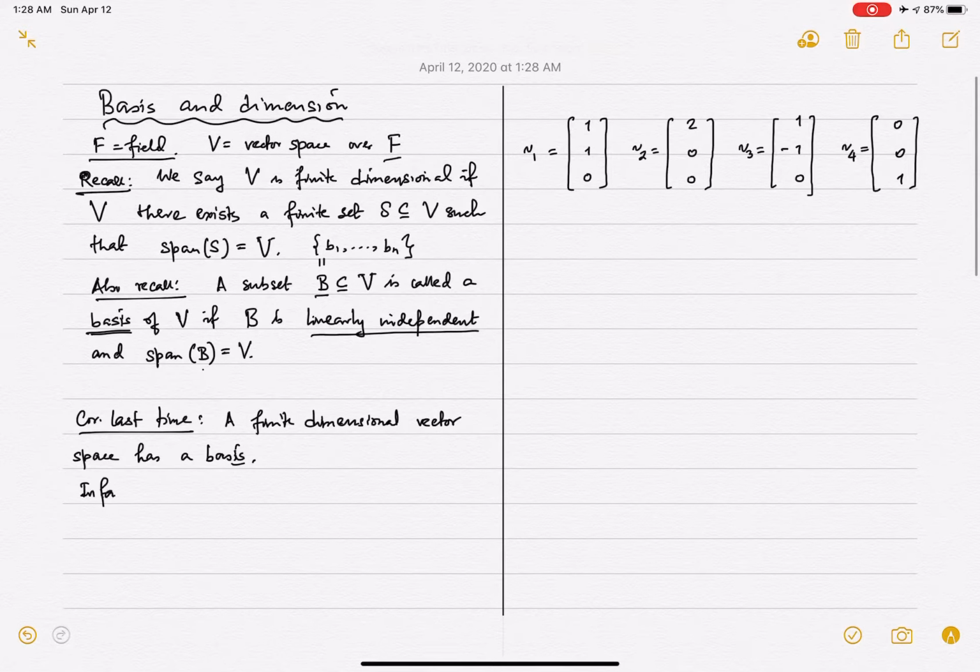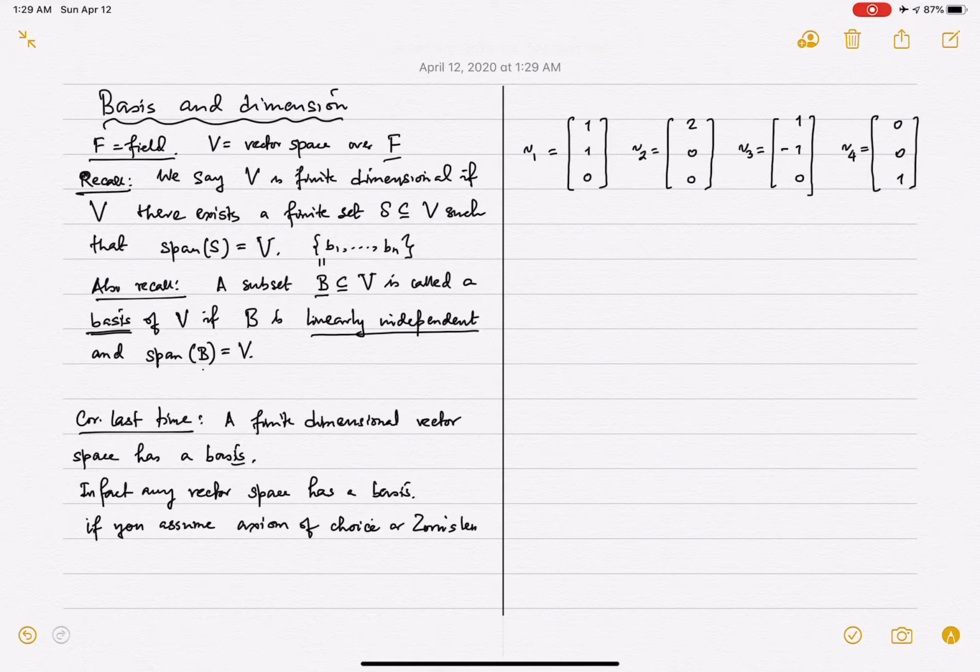In fact, any vector space has a basis if you assume what is called the axiom of choice, which is a basic axiom in mathematics which we usually assume, or what is usually called in this context Zorn's lemma. But we won't need this because we won't be dealing with infinite dimensional vector spaces much.